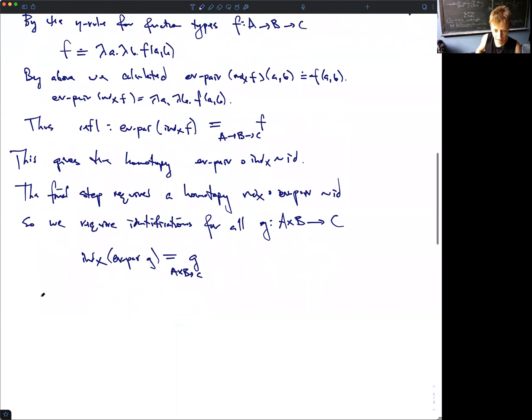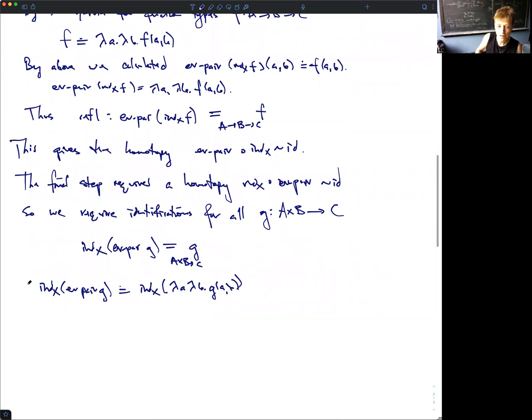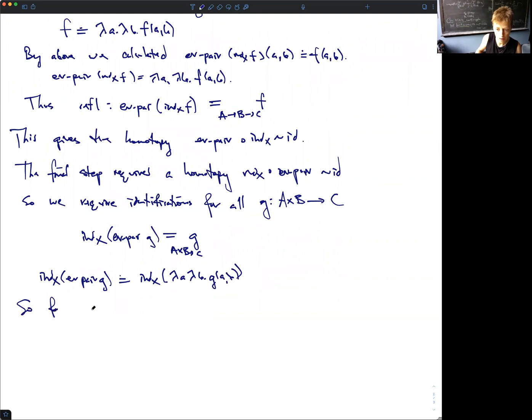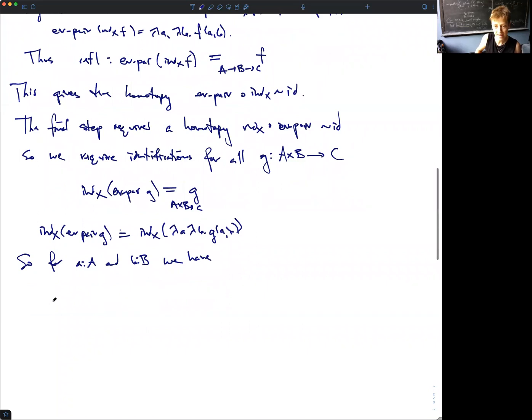By definition, this ind x of ev pair of G was the function lambda A, lambda B, G A B. So once more, for terms A and B, we can compute this left-hand side again.